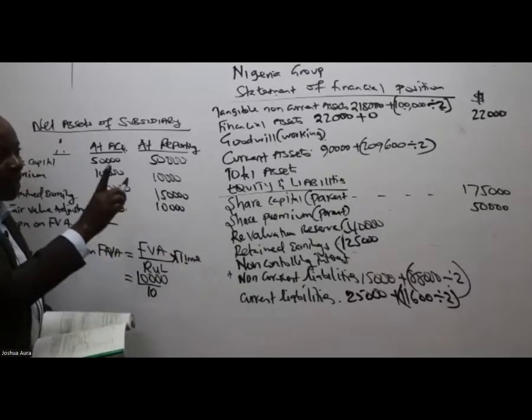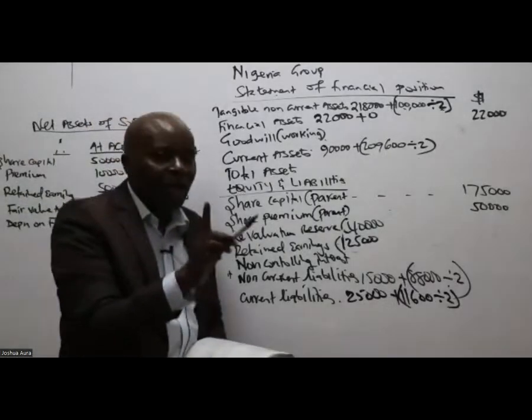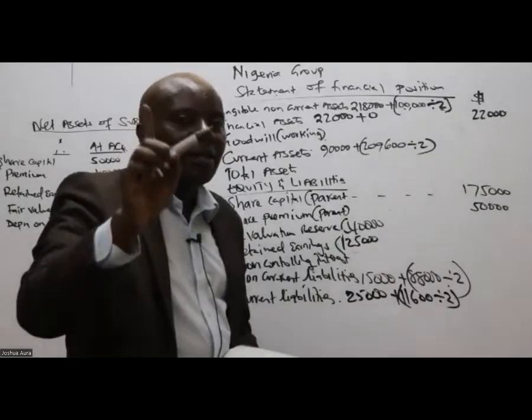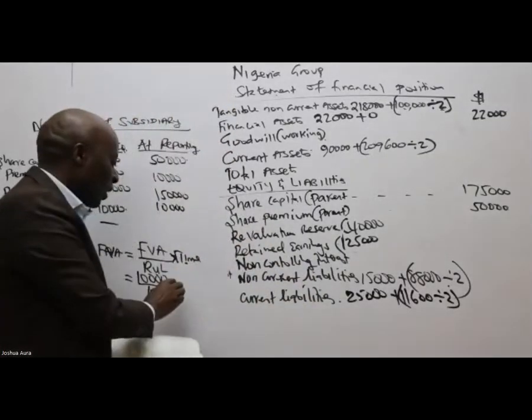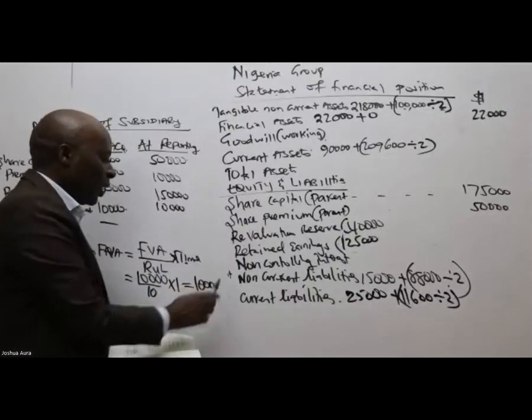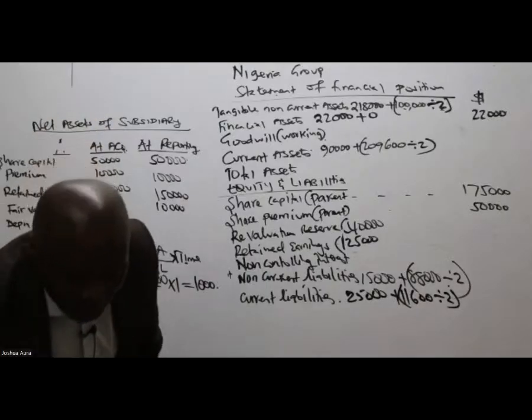And if you remember when we began the question, we said that since buying the subsidiary, and by the end of the reporting period, we had 1 year that had lapsed. So times one. So then these will end up giving us how much here? 1,000 shillings, being the depreciation on the fair value adjustment.